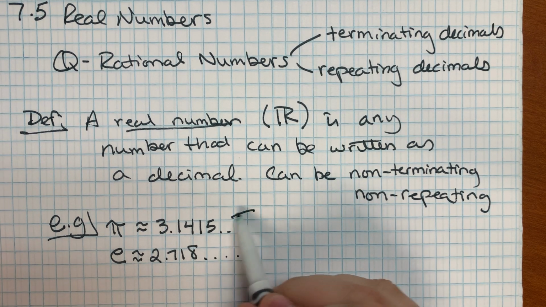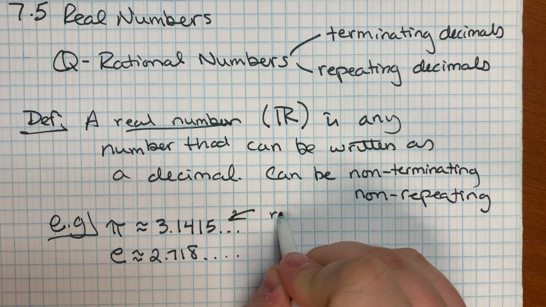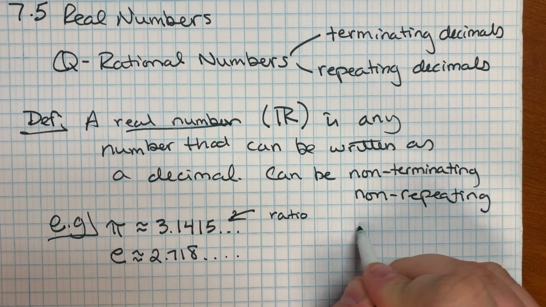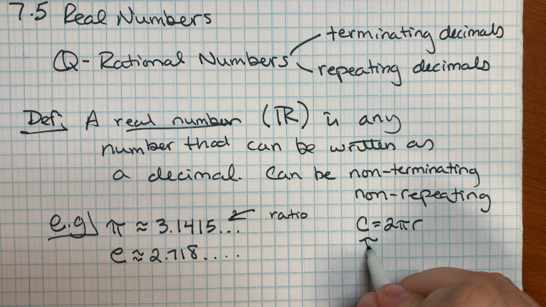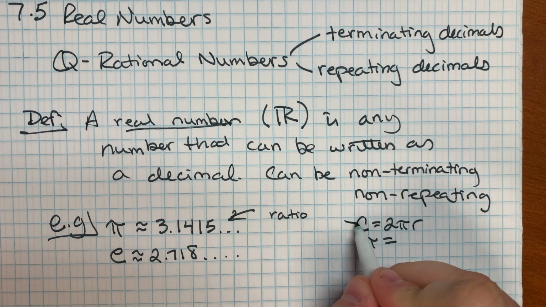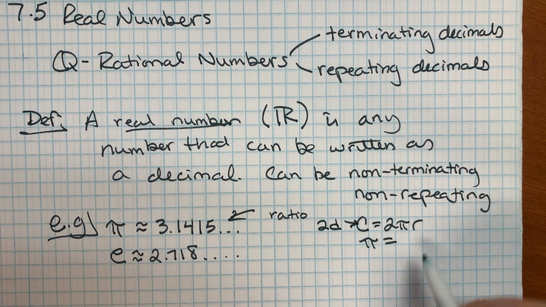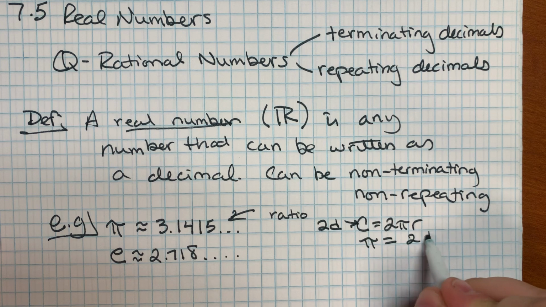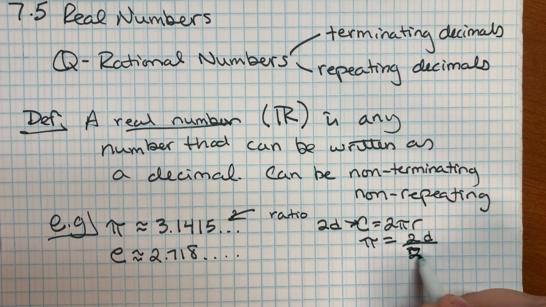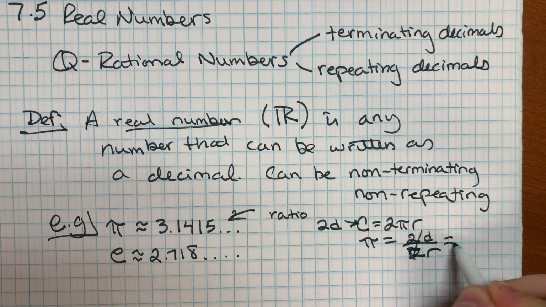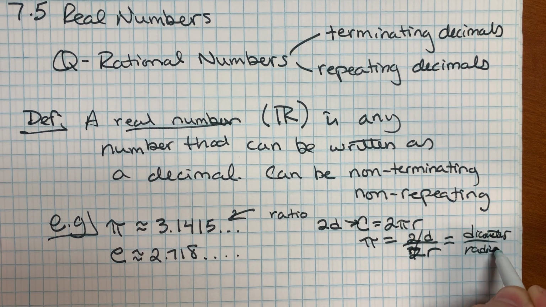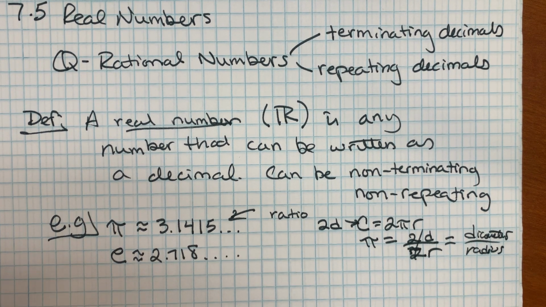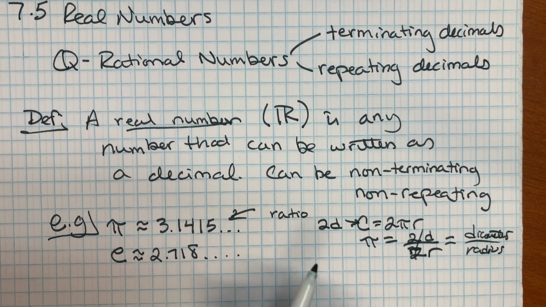Pi is our ratio: if circumference is 2 pi r, and circumference is also twice the diameter, then pi is the special ratio of diameter to radius. We won't talk about where e comes from, but that's a special ratio. Where else might we see these numbers?